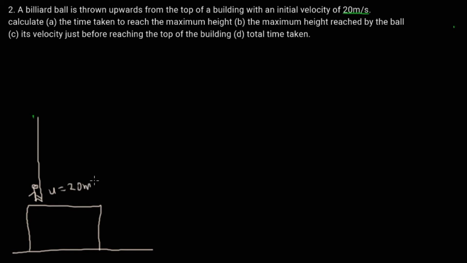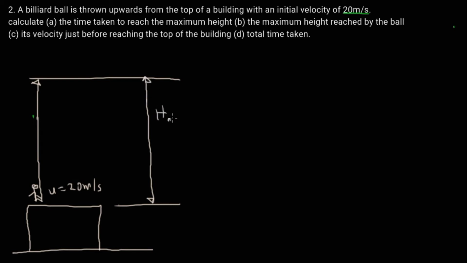per second. Now we want to find the time to reach the maximum height. Let's say this is the maximum height. This is the top of the building. So we can find the maximum height.